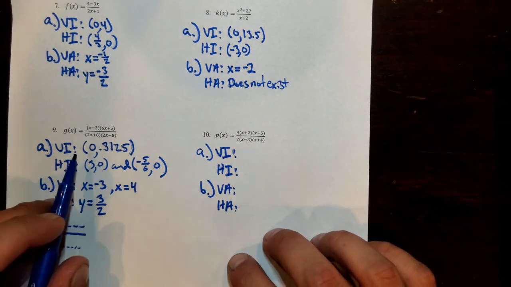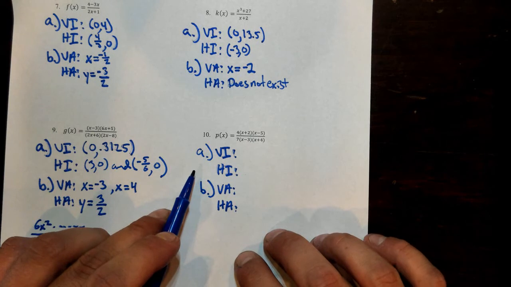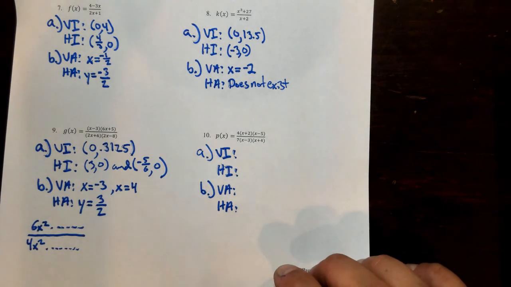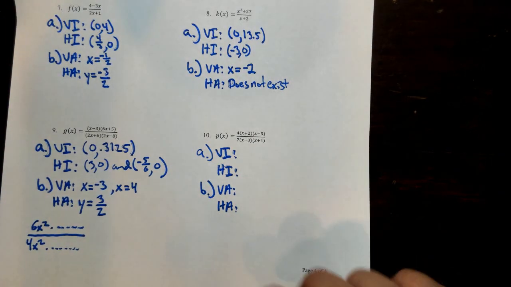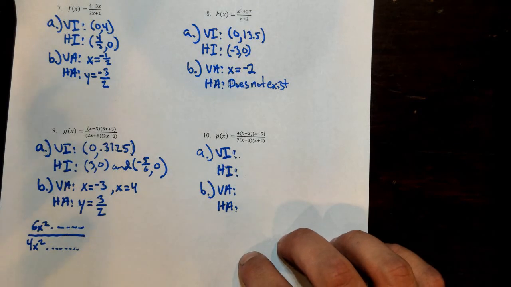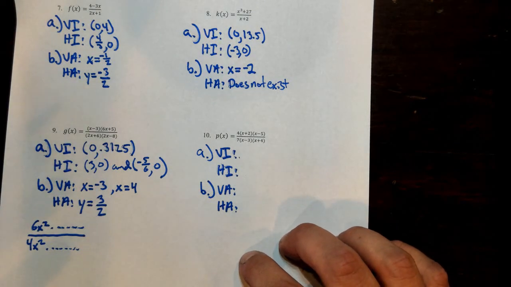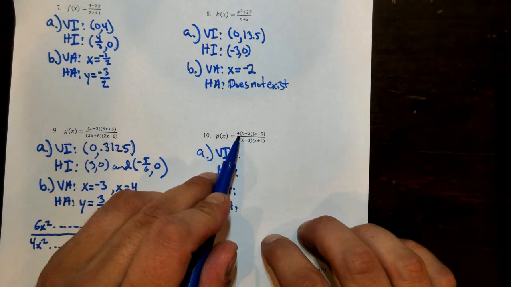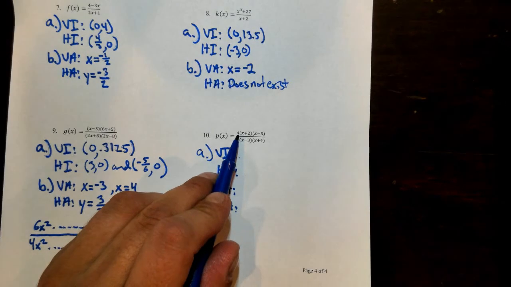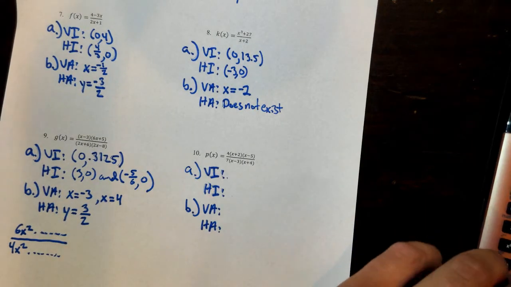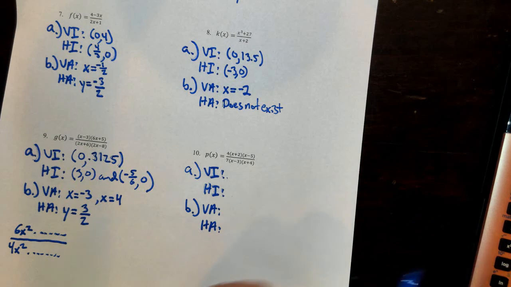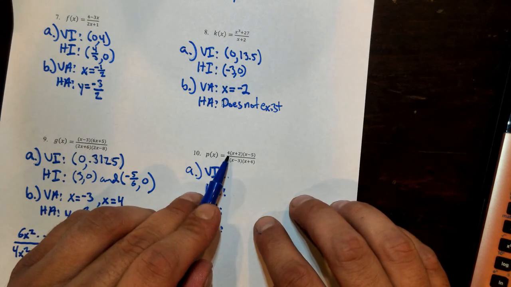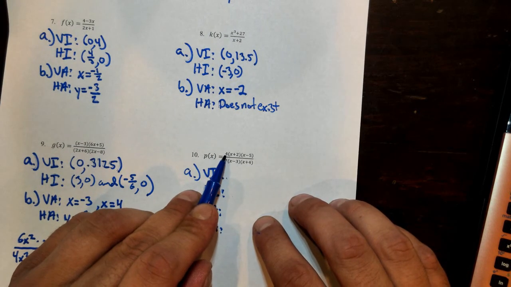Hold on. What are we doing here? Gotta find the vertical intercept, the horizontal intercept. Okay. So the vertical intercept, we're just going to plug in 0 for x and see what we get. Hold on. Sorry, my brain just exploded here.